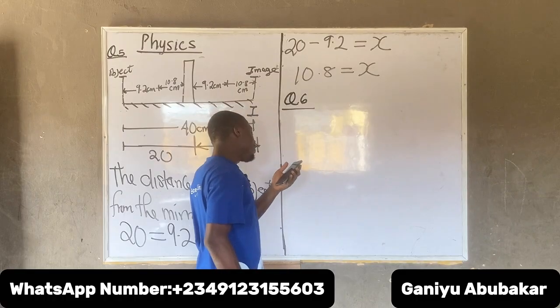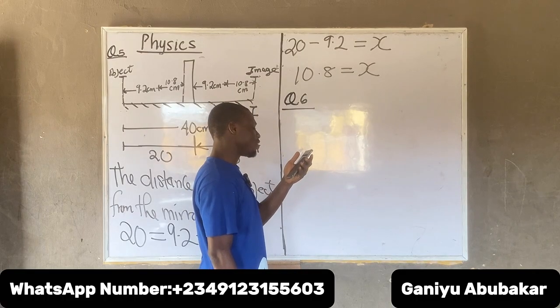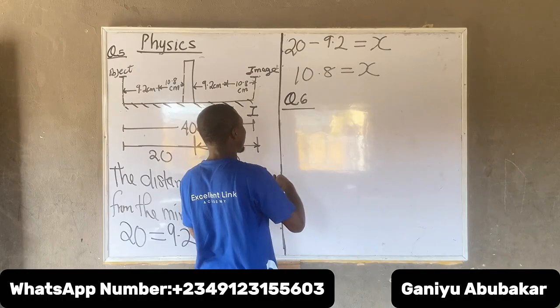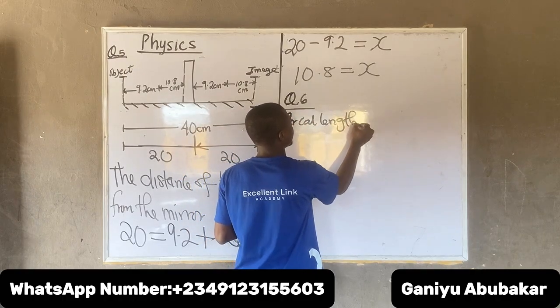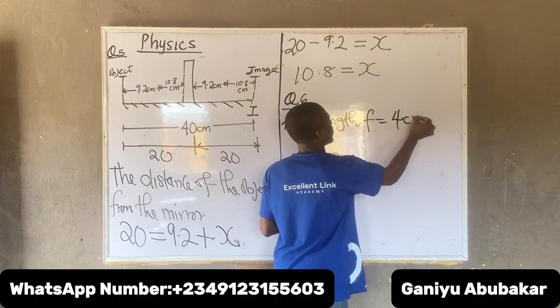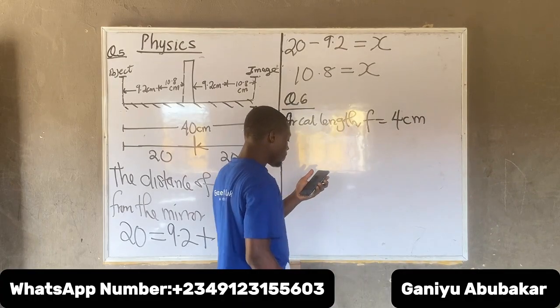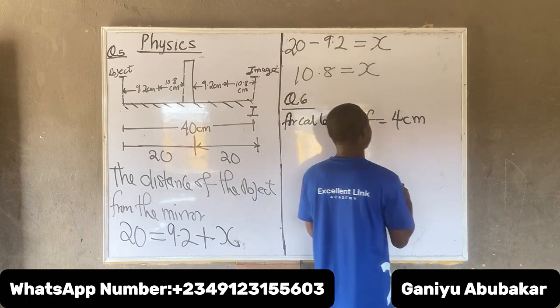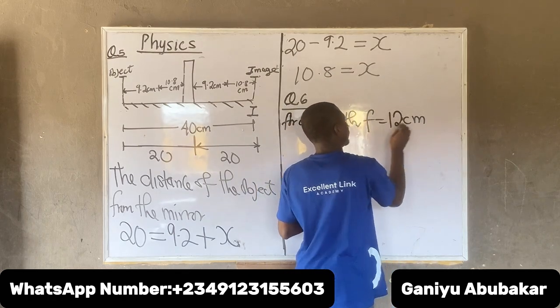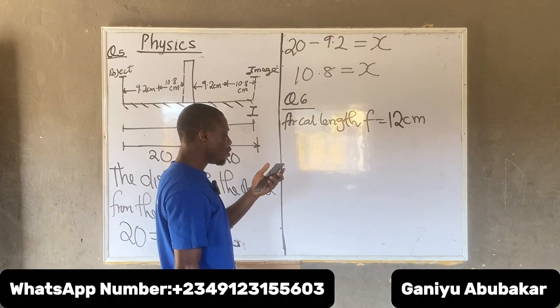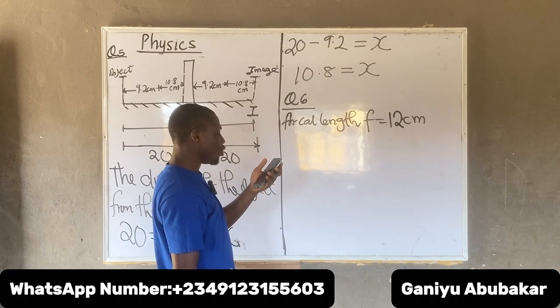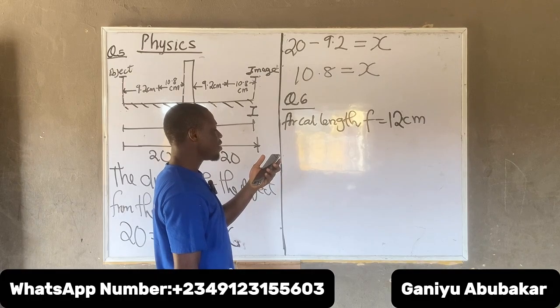It says if a convex lens of focal length, that's f, 12 cm is used to produce a real image 4 times the size of the object, how far from the lens must the object be placed?